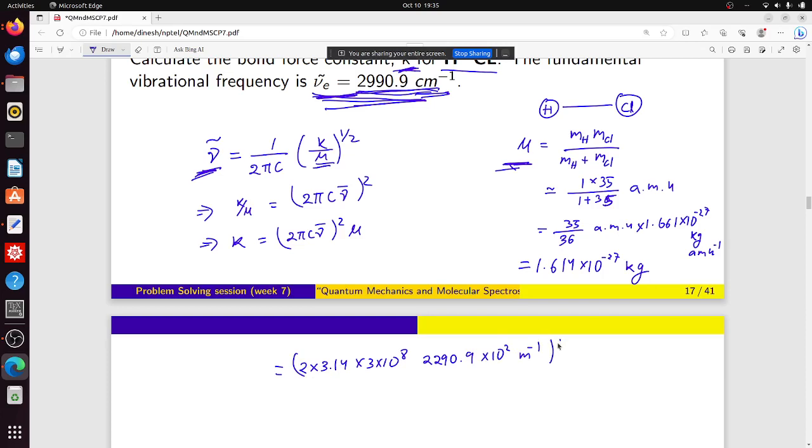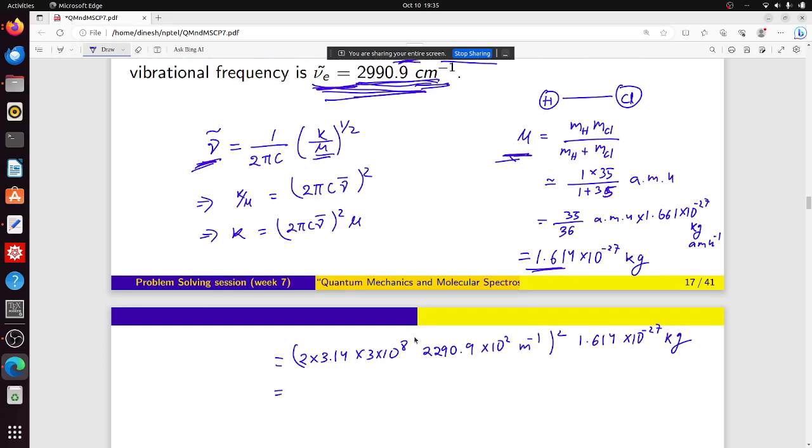This whole square, and mass we already got, 1.614 times 10 to the power minus 27 kg, right? So if we solve this, we will get the value. So let me do this.